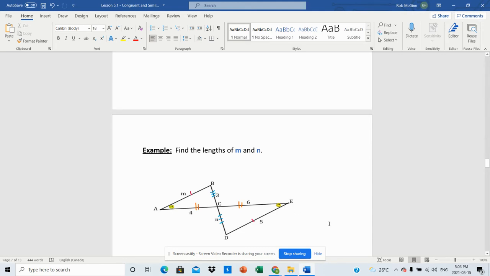So we match up our sides. That means 5 and M are a matching pair, 6 and 4, and N and 3. At this point, maybe pause the video, see if you can prove that it is in fact a similar triangle, and find the lengths of M and N.